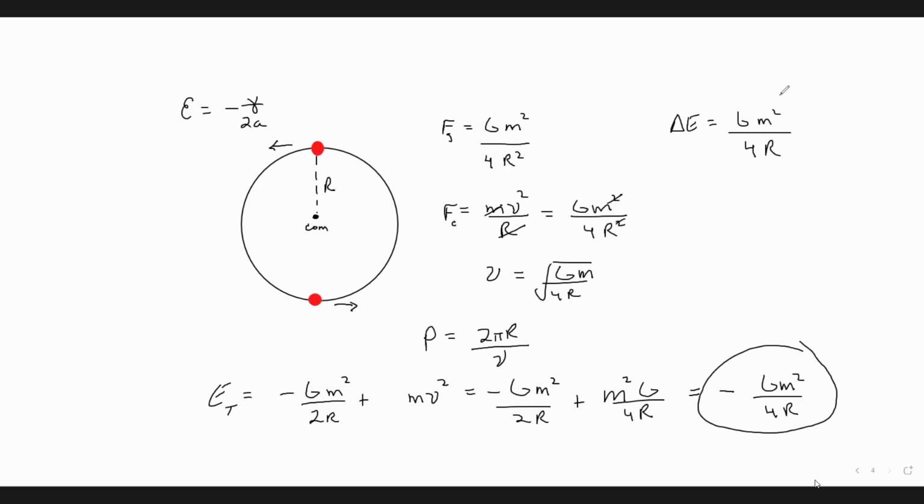That means I need to add this amount to make the total energy 0. That's the amount of energy I have to add in order for these two particles to not be bound to each other. So let's say that I don't change the energy of this one, but I change the energy of this one by this amount. Then this will fly off to infinity.